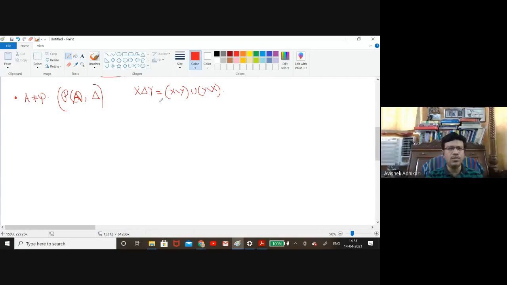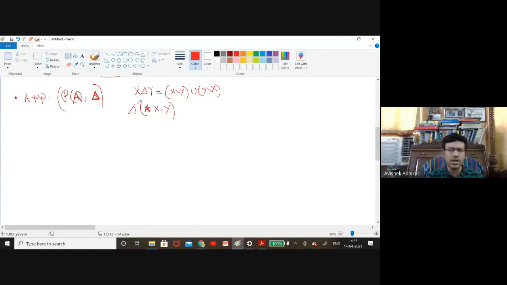So Biki has given an example that, according to him, this is a binary operation, because it takes some X and Y in the power set of A, and whatever he gets will also be an element of the power set of A, because it will also be a subset of A. If X and Y are subsets of A, then after doing this union and subtraction, certainly that will be an element.